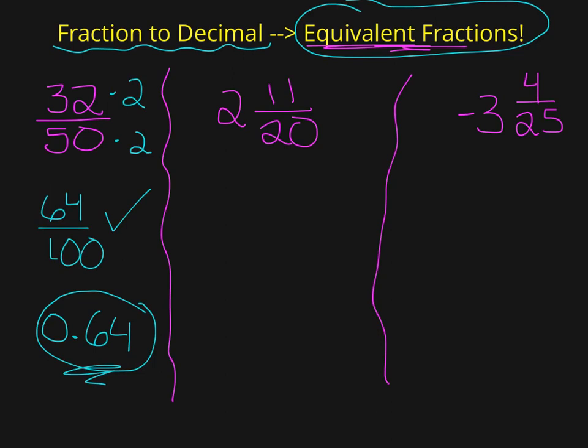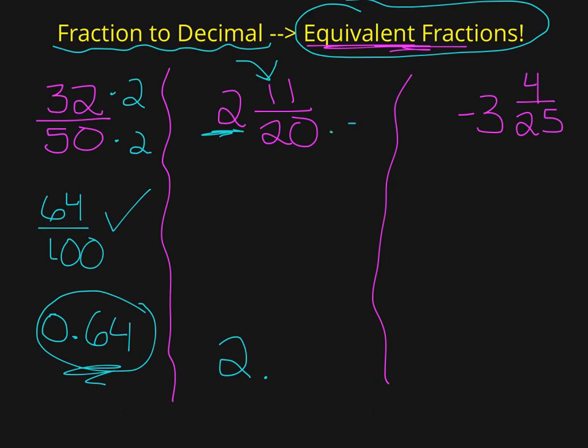All right, let's try this next one. Because I have a mixed number, there's a 2 in front of my fraction. I know that my final answer will have a number in front of the decimal. But now let's convert just the fraction part to a decimal. All right, so how many times does 20 go into 100? Goes in 5 times.